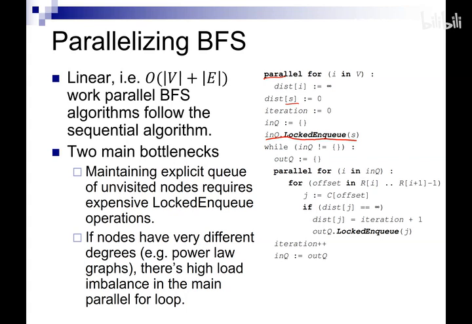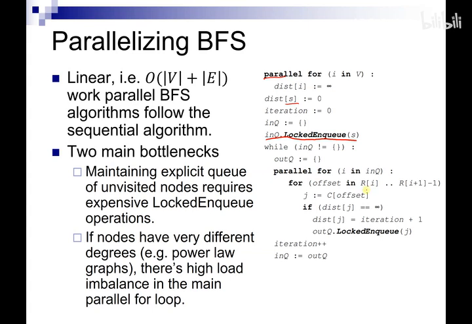Then we're going to go into this while loop, like the while loop for the sequential algorithm, where you keep taking things out of the queue. Now, for each i in the queue, we're going to take all of the things out of the queue and process all of these different items in parallel.